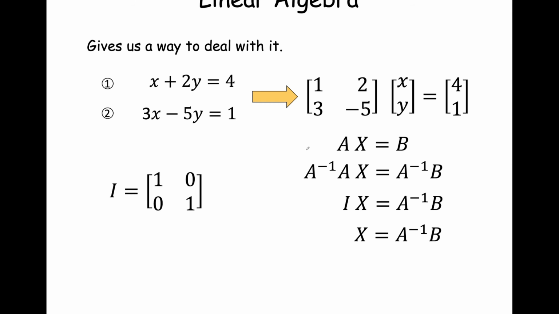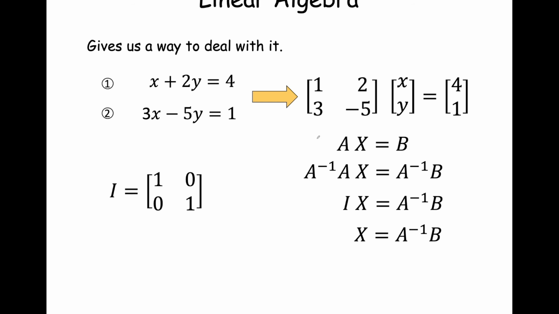I'll leave that to you to look up, but at this juncture, let's left multiply both sides of equality by A inverse, which is the inverse, or the reciprocal, as it were, of matrix A. So we have A inverse times A times X on the left-hand side, and A inverse times B on the right-hand side of equality.